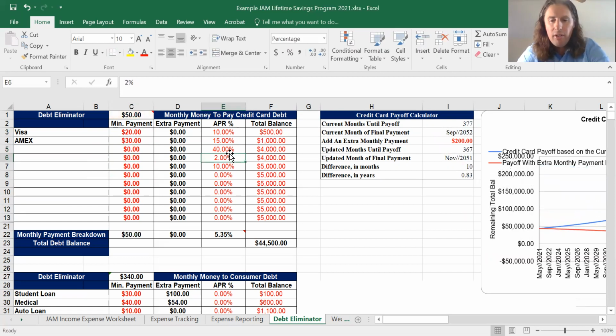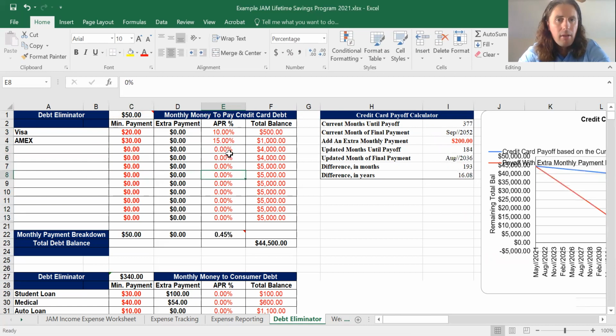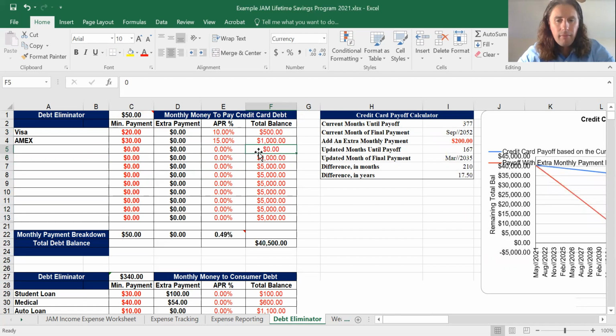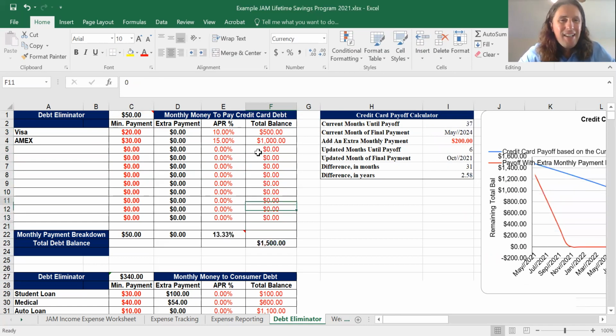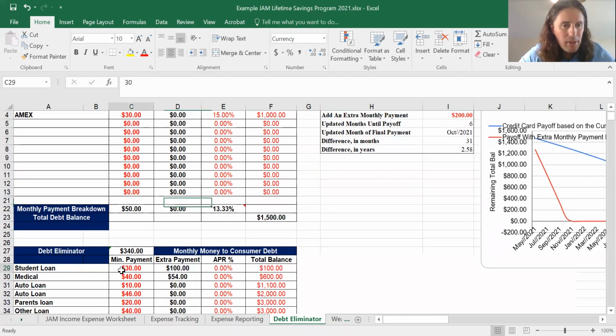We also, for each of these payments, see, I was messing around here earlier. Let's say we have, I don't know, $500 or $1,000 here, total balance. And then down here, we said we had a student loan of 140. And we also have an auto loan of 200.